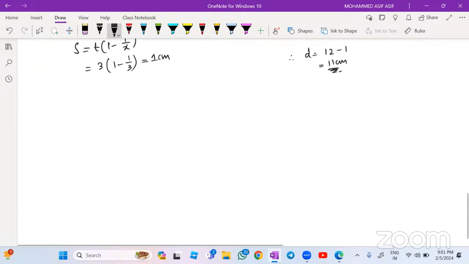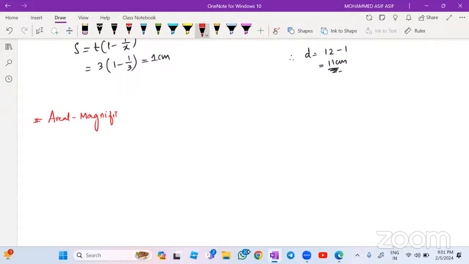Some of the students are asking for axial magnification formula. I'll write those formulas for you.